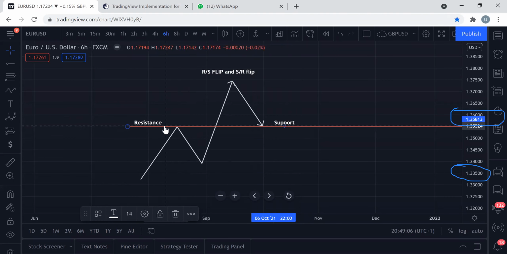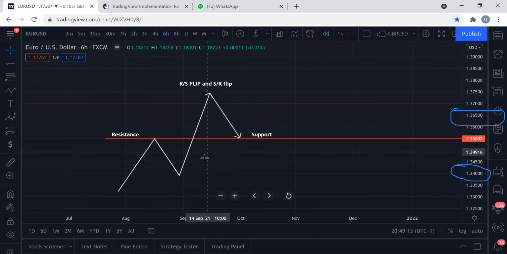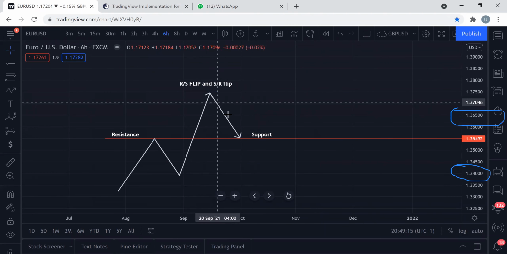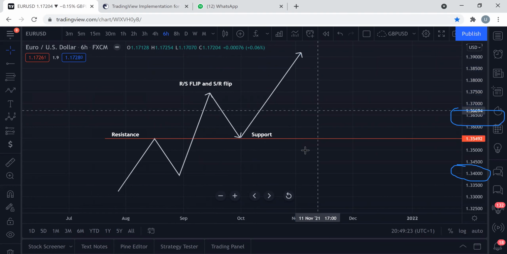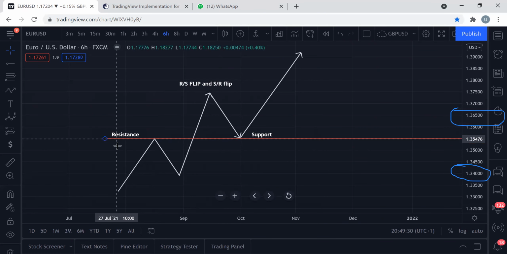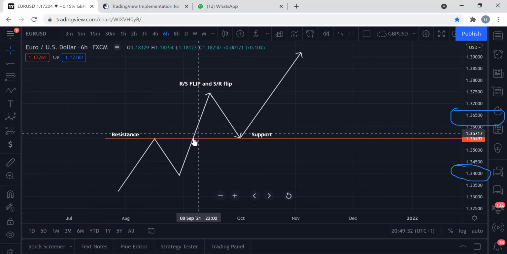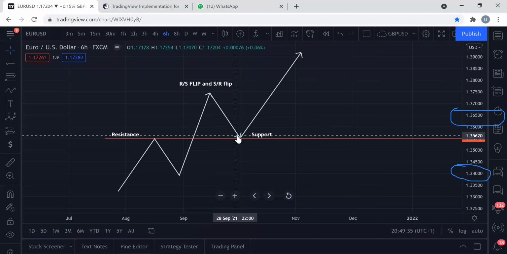So this same line that is resistance here can turn to support here, because price has already broken it. So I will be looking for a kind of long like this. Who got this concept? So this is exactly what I'm saying. When a resistance line is broken and price comes back to it, it flips to support.